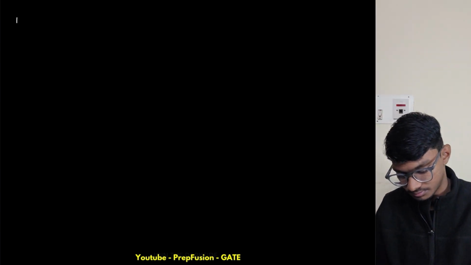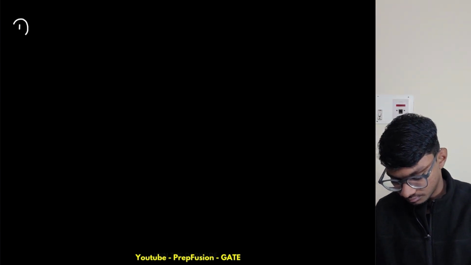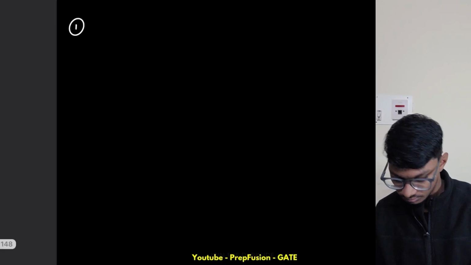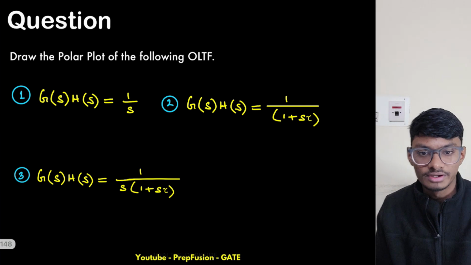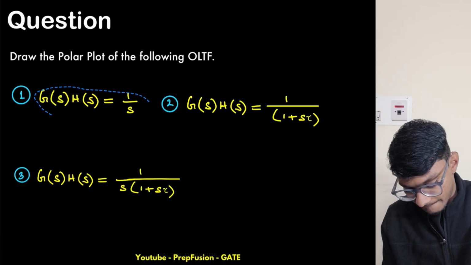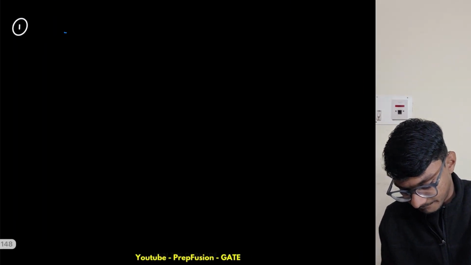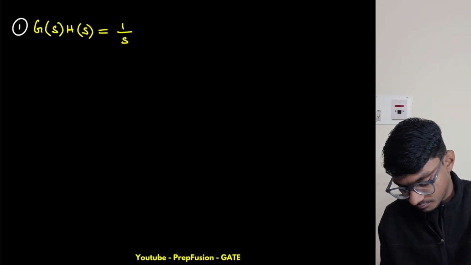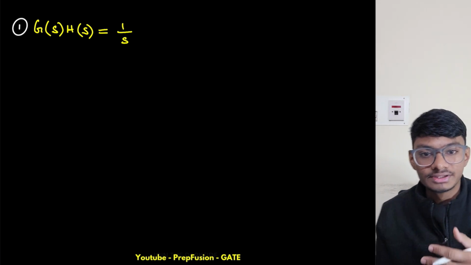Okay, so this is G of s into H of s. What is G of s into H of s? It is 1 over s. Now let's convert this into frequency response.